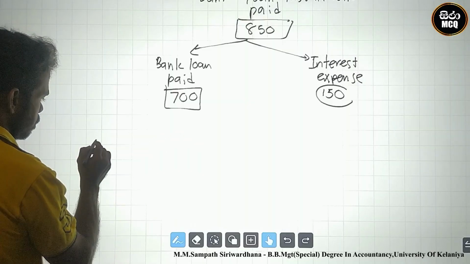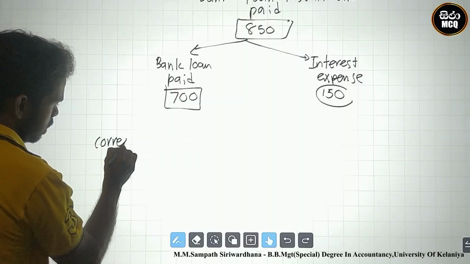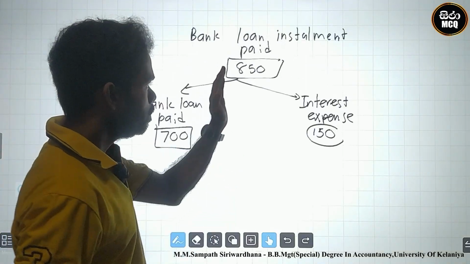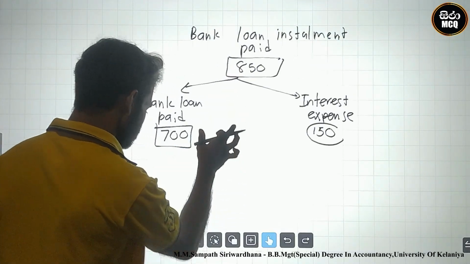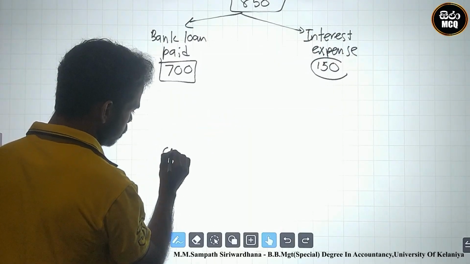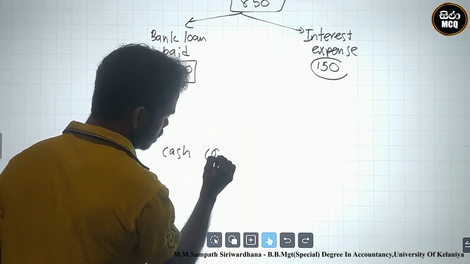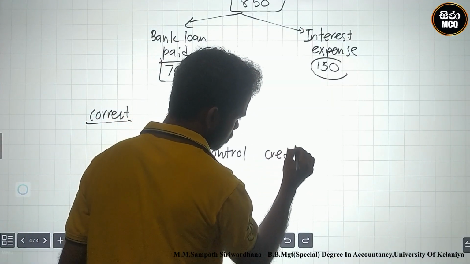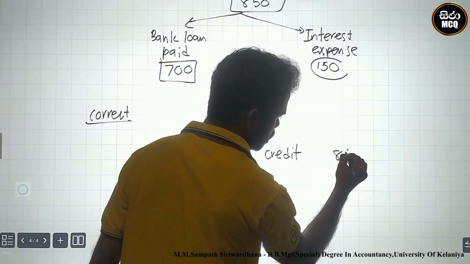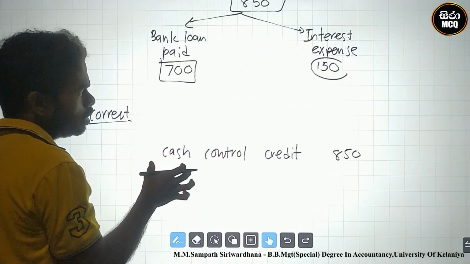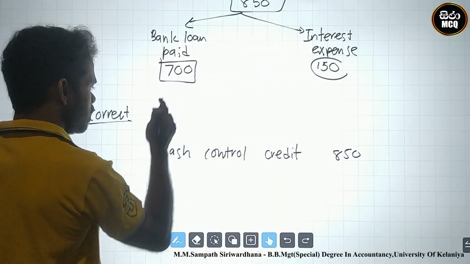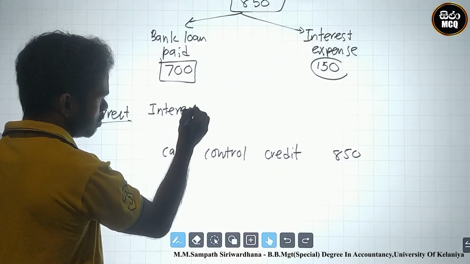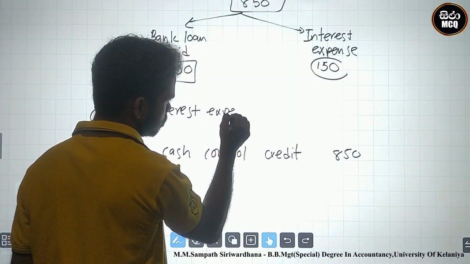Correct entries means totally paid 850, cash paid 850, cash control credit 850. But there are two debit shorts. Interest expense debit 150.